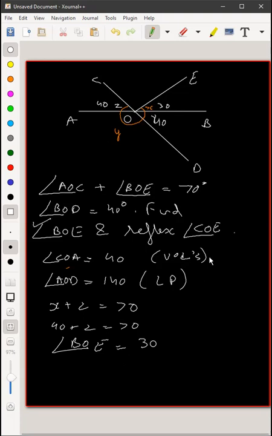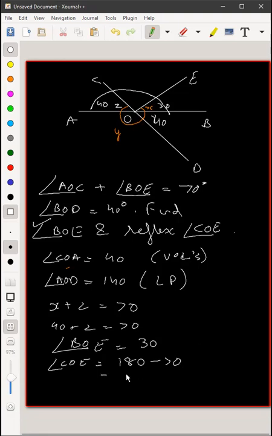Then what about reflex COE? Why don't you just find COE? What will COE be? COE will be 180 minus 70, because all these three will add up to 180 degrees.